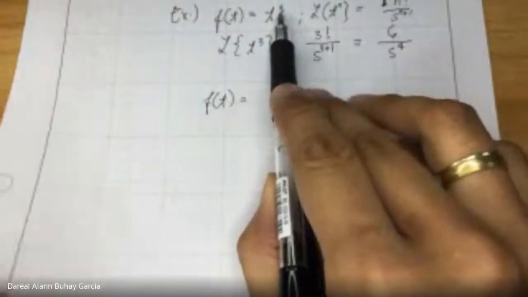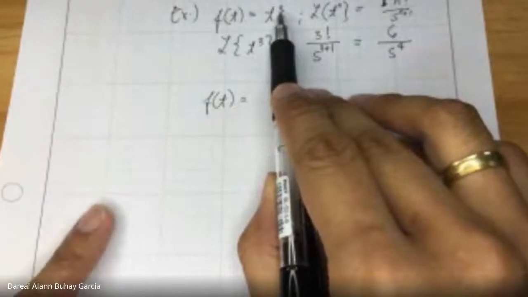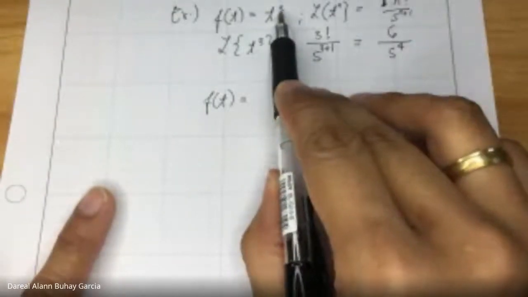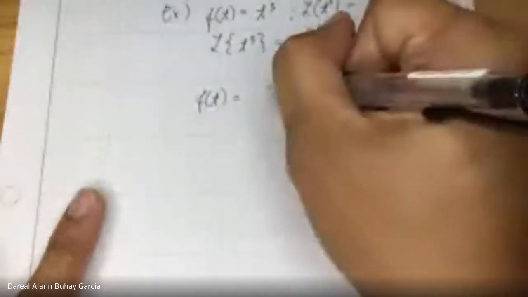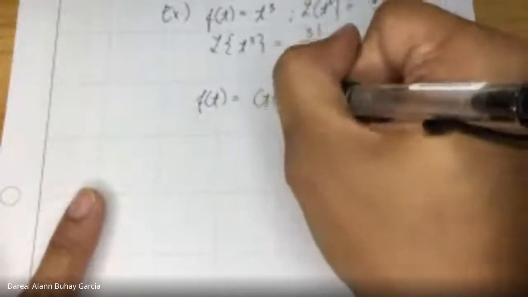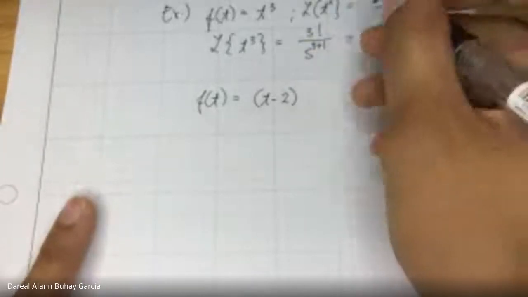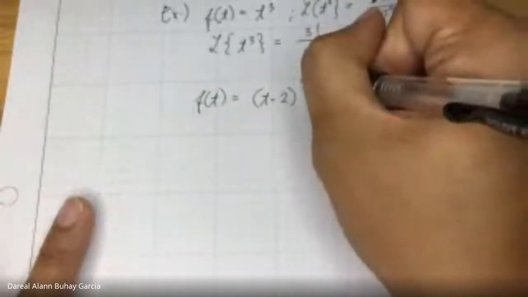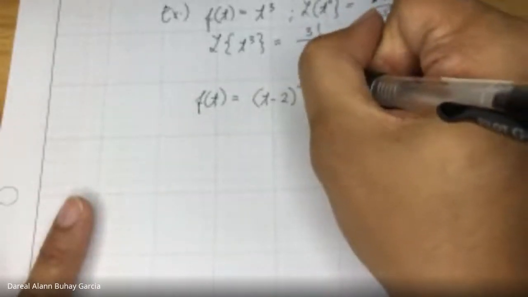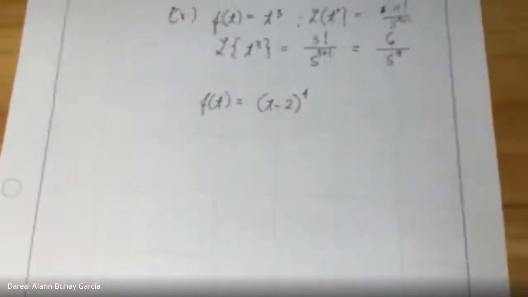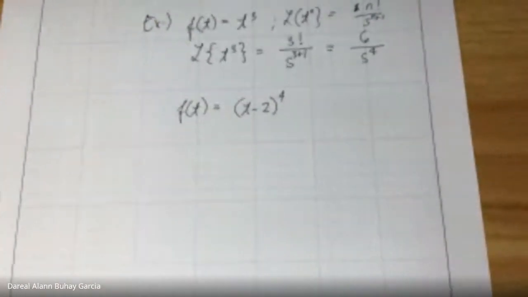Or a function raised to that power. And this function, let's say for example, t minus 2. T minus 2, let's say for example to the power of 4, no?